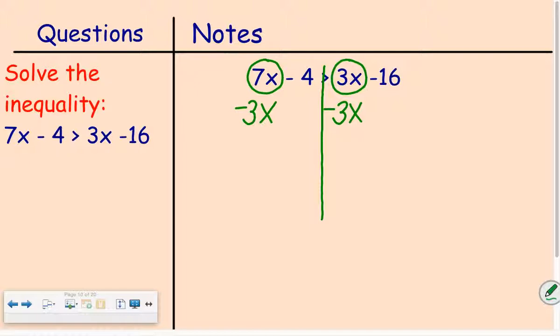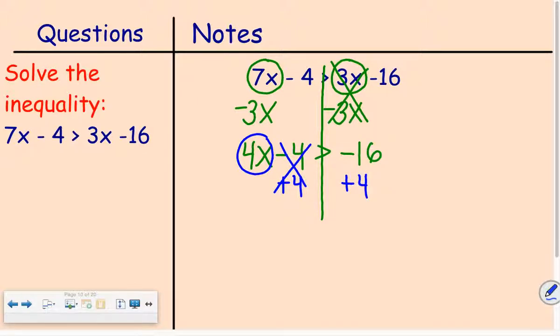So 7x minus 3x is 4x. 3x minus 3x, that cancels. And then we have negative 16. Now my variable is right here, the 4x, so let's get rid of the minus 4 by adding 4 on both sides.